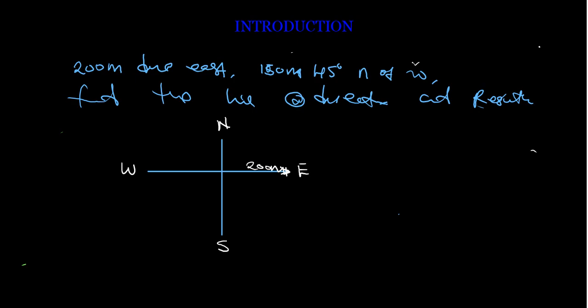So we can assume it's between the north and the west. You start from west, measure from here, and then you put your 45 degrees like that inside. So that's the second vector he produced, and this is now 150 meters.